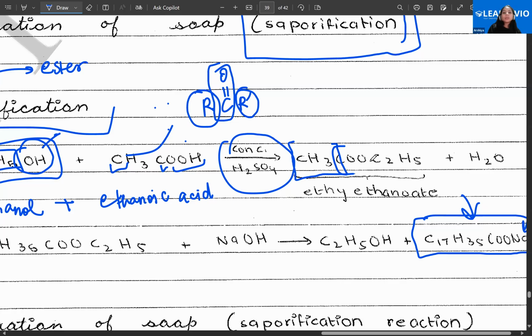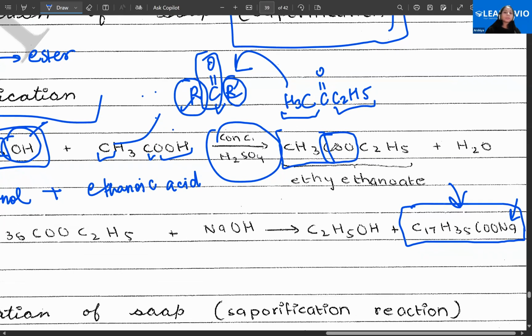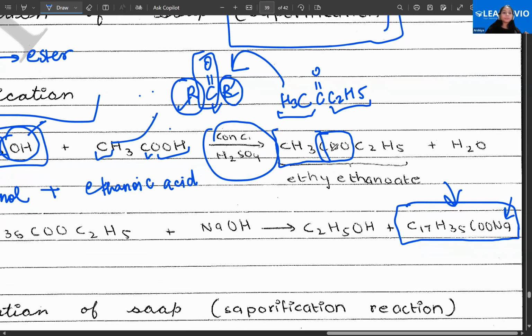We have CH3, C double bond O, C2H5. If we look at this formula, we have C double bond O with R and R dash, two different groups. Here we have a methyl group and here we have an ethyl group. So we have ethyl ethanoate along with some water.